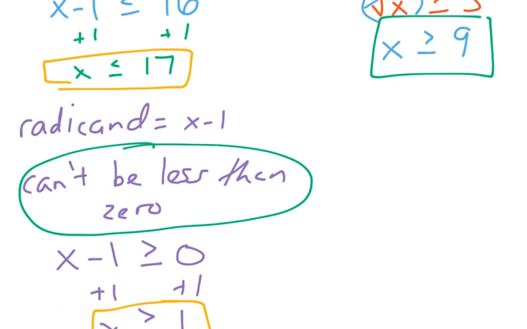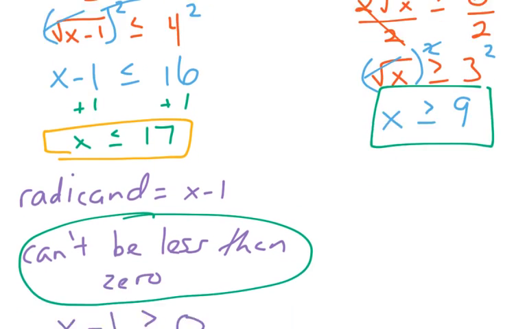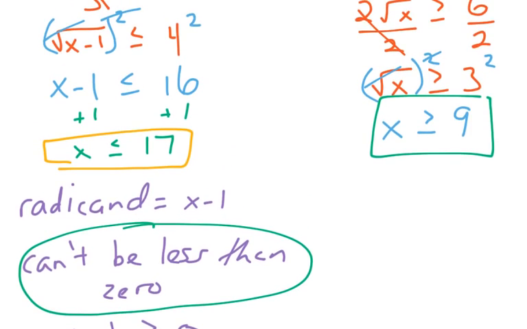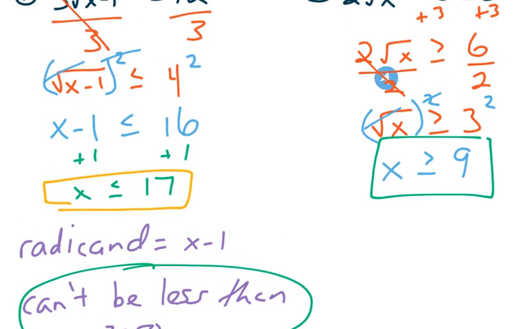The radicand can't be less than 0 when we're talking even radicals: square roots, 4th roots, 6th roots, whatever. So if you have something like x is less than or equal to 17 with an even radical, then you're probably going to need to do some limiting where you set the radicand greater than or equal to 0. If you have an even radical but it's greater than a specific number, probably you're going to be okay with that answer.